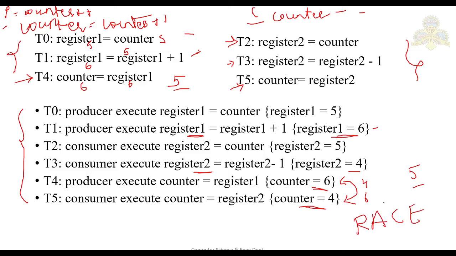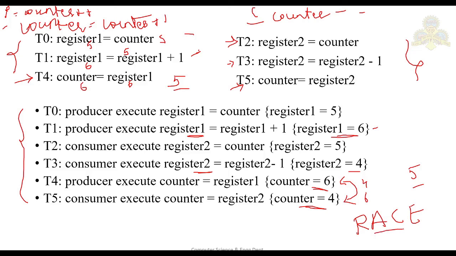This race condition occurs whenever you have multiple processes accessing the same shared data, in our case the counter variable, simultaneously, and the instructions are not executed in proper order.